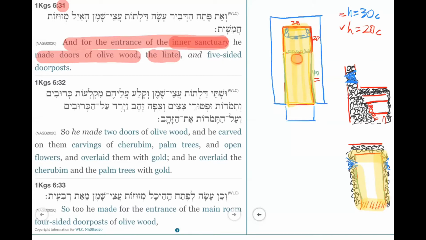The lintel and five-sided doorposts. Now, this is important. The King James may be a bit off, but here in the NASB and the Hebrew is very interesting. There is the doors for the inner sanctuary, and the lintel is the upper part of the doorpost, and this is a pentagon.